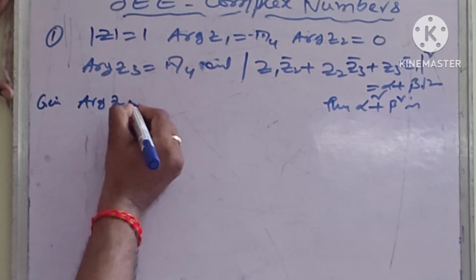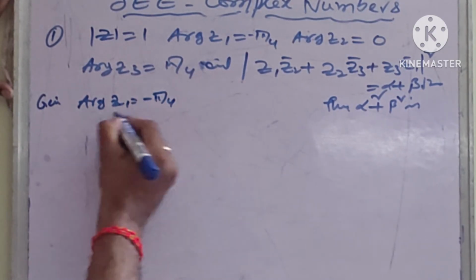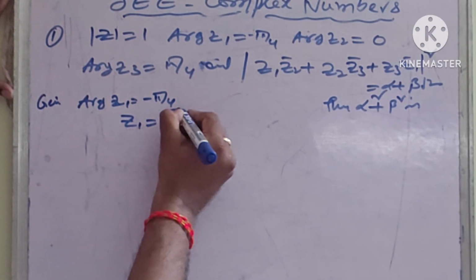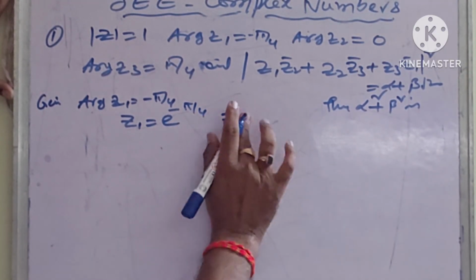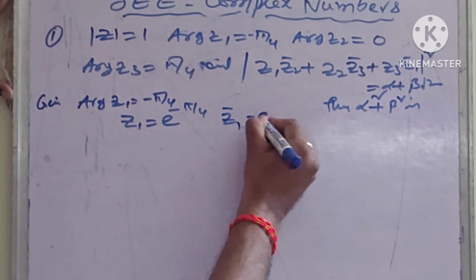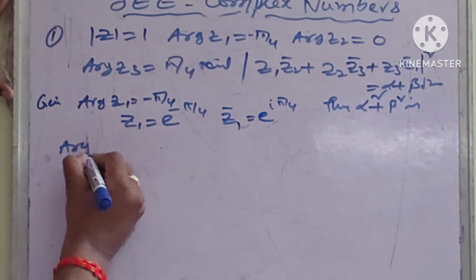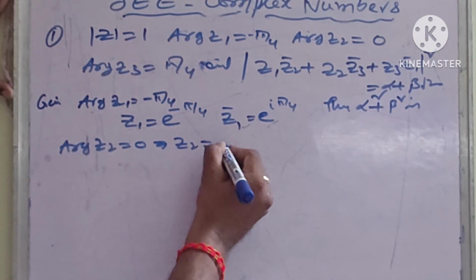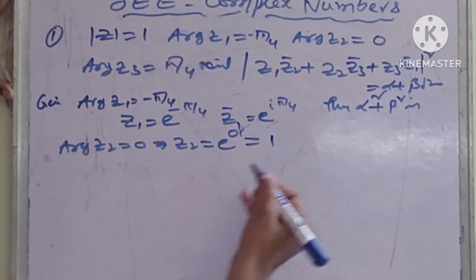arg Z1 is equal to minus pi by 4. So here Z1 is equal to e power i minus pi by 4. Z1 bar is equal to e power i pi by 4. Next, arg Z2 is equal to 0. Now Z2 is equal to e power 0 i 0, that is equal to 1.